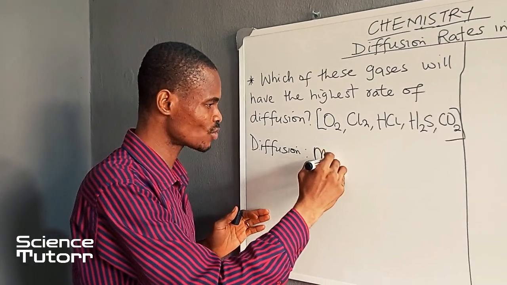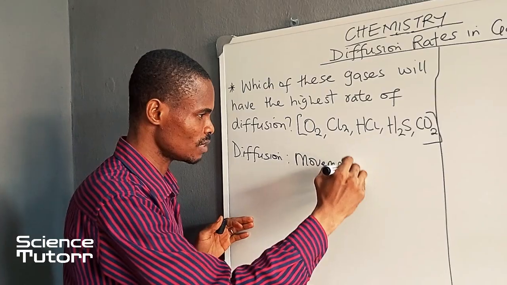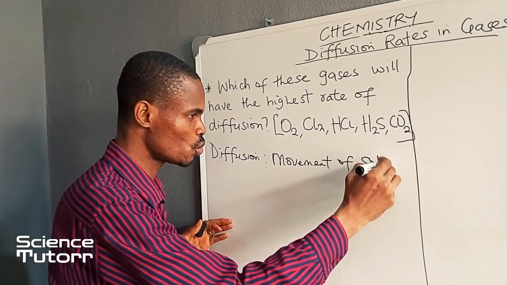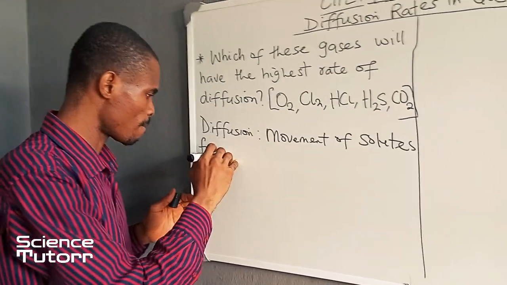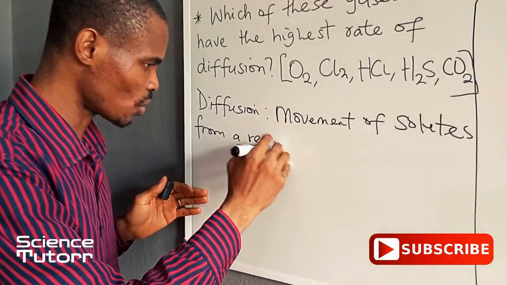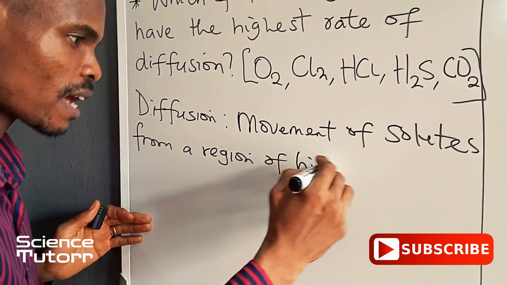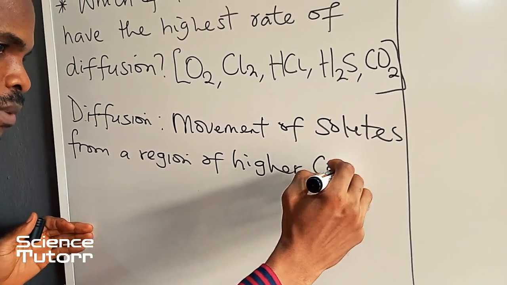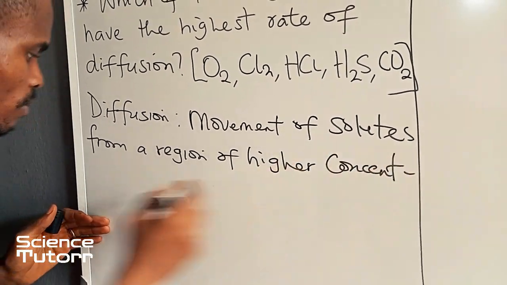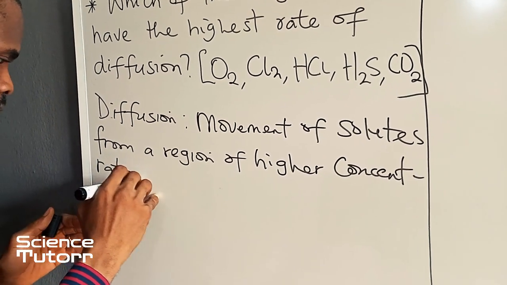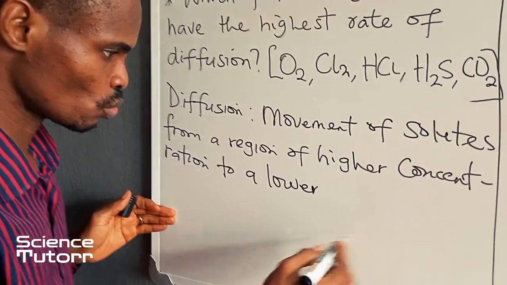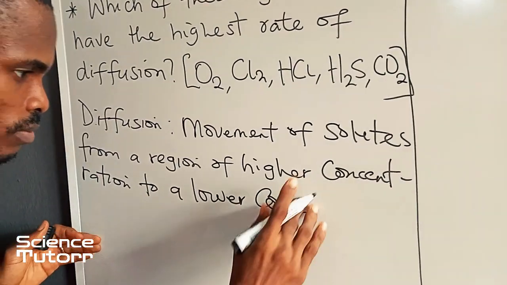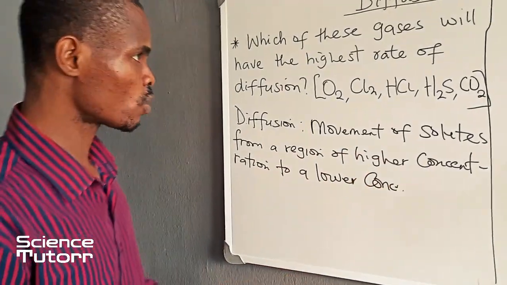Diffusion is the movement of particles from a region of higher concentration to a region of lower concentration. So that is what diffusion is all about.